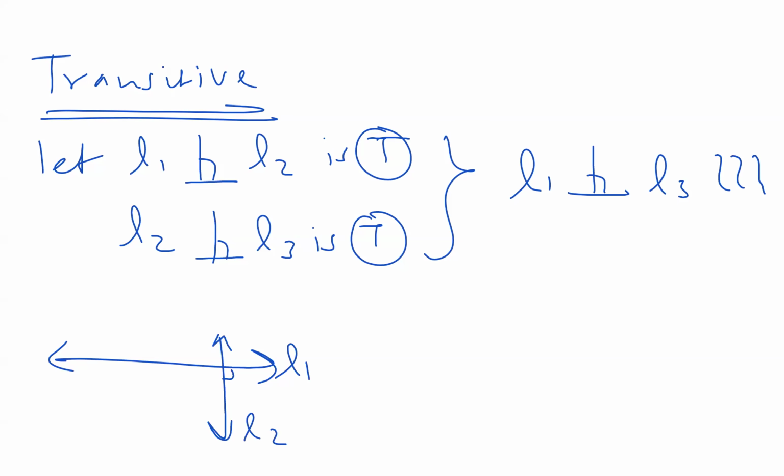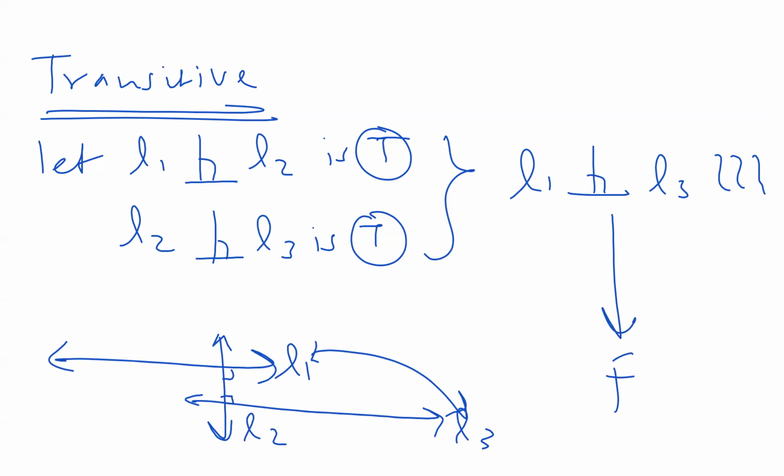L2 is perpendicular to L3. So does it imply L1 and L3 are perpendicular? No. This implies L1 and L3 are parallel to each other. But then we require L1 and L3 to be perpendicular to each other. So this is false. So it is not transitive.